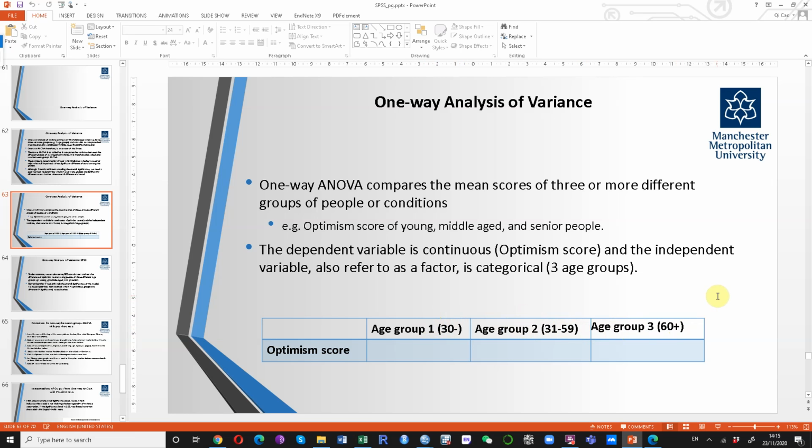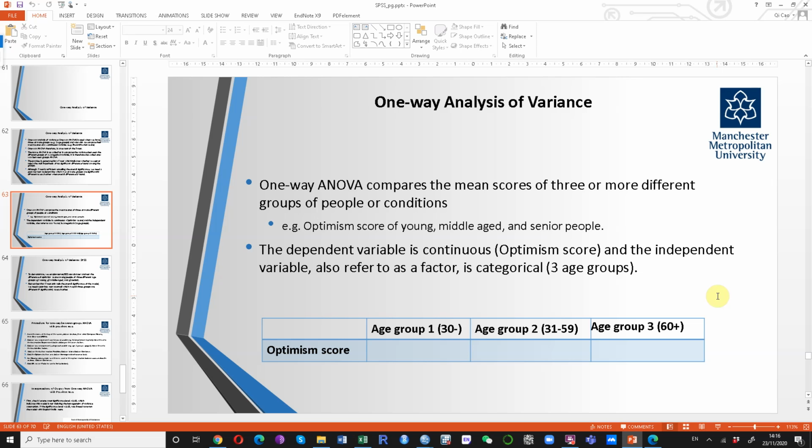If you have 4, then it might be 1 and 2, 2 and 3, 3 and 4, then 1 and 4, 1 and 3, and 2 and 4. So it becomes more complicated to actually pinpoint where the difference actually lies. So that's why we need the post hoc test.